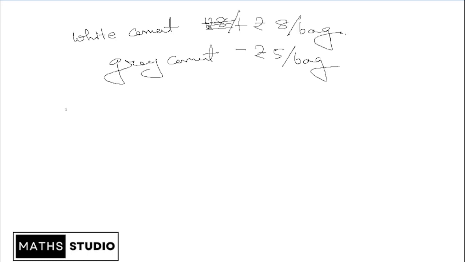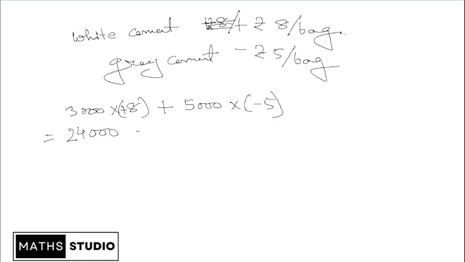So it would be 3000 into plus 8, plus 5000 into minus 5. This would be 24000 minus 25000, an overall loss of 1000 rupees.